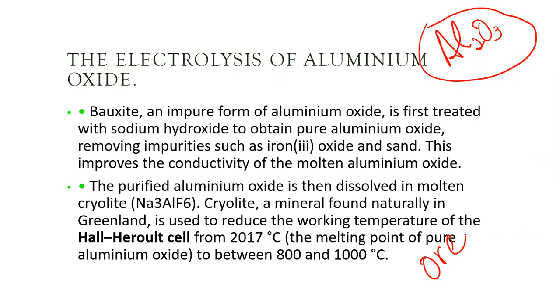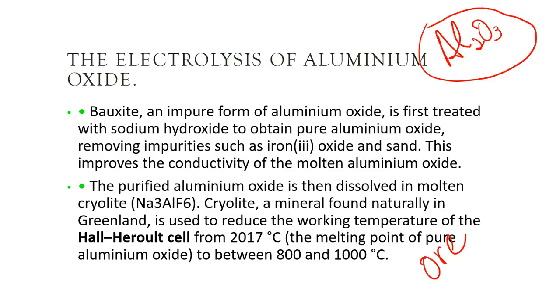O-R-E, ore. What is ore? Ore is when you have a metal and it is mixed with other compounds, different impurities mixed inside of it. So we call it ore.